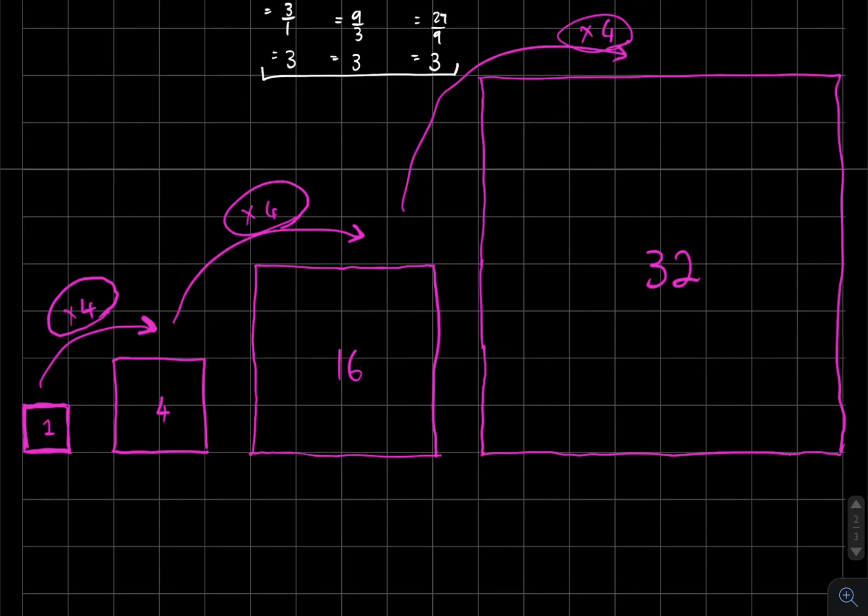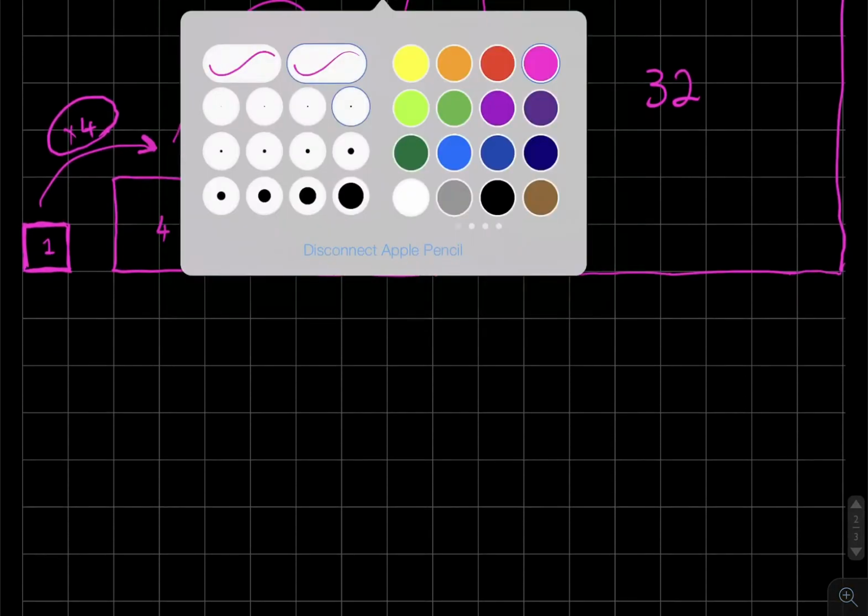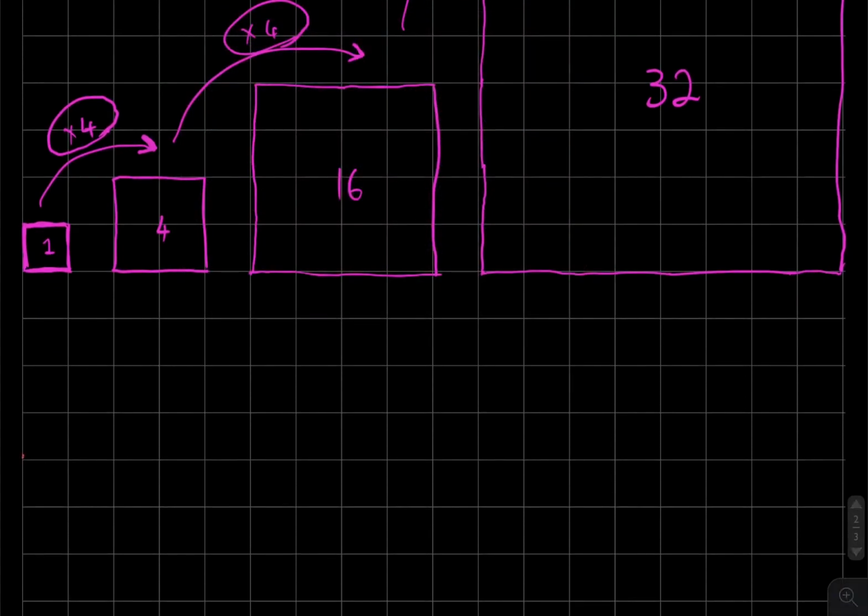That's different from something like, let's say we had one square there, then instead of multiplying the square, we add 2 more squares to it and add 2 more squares to that.